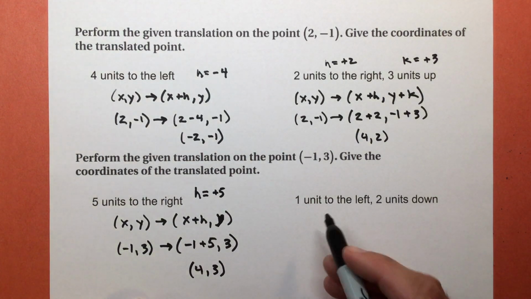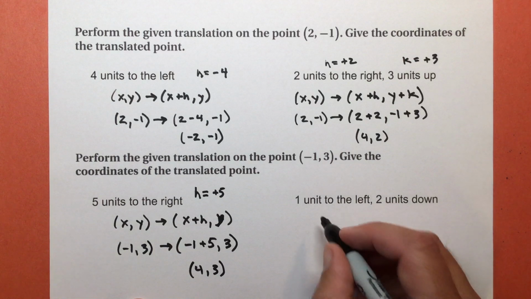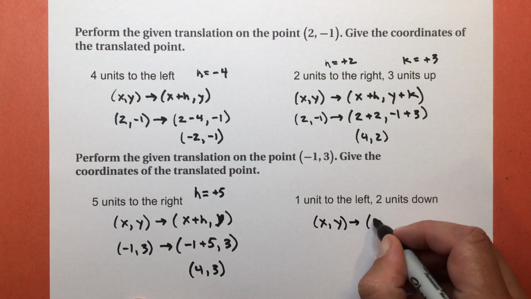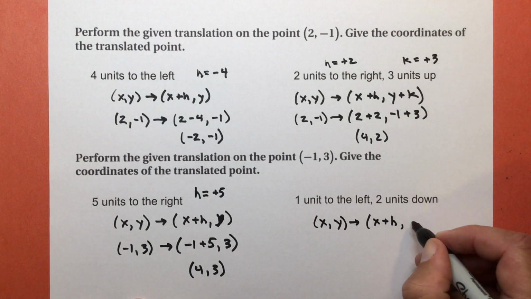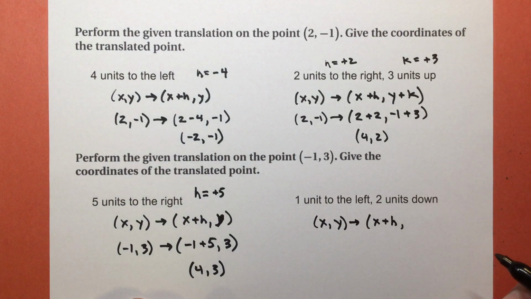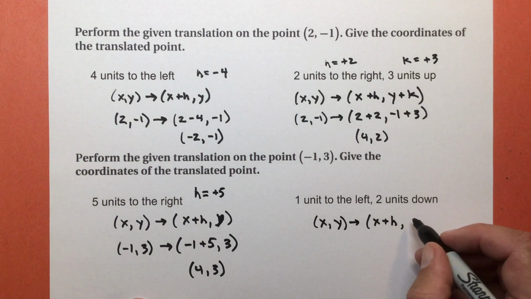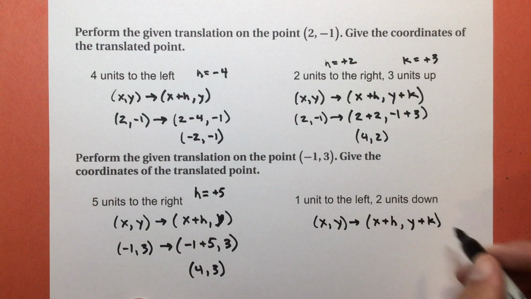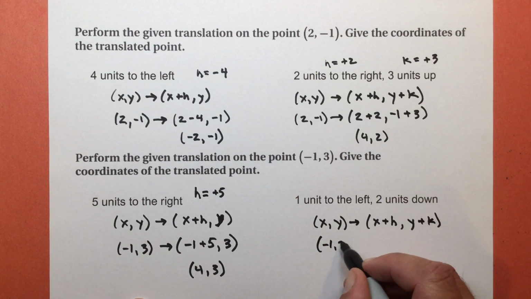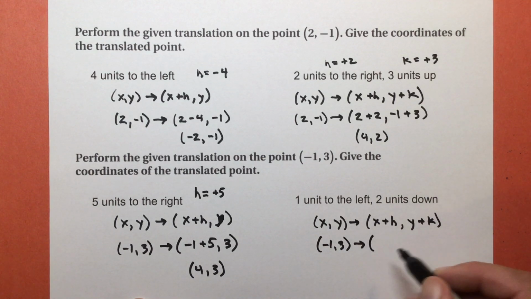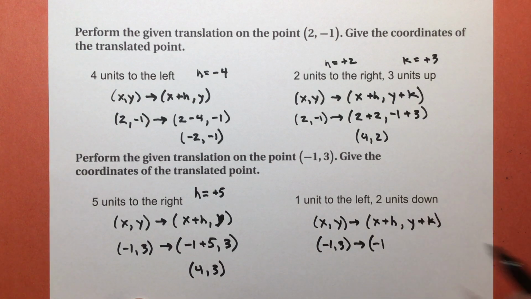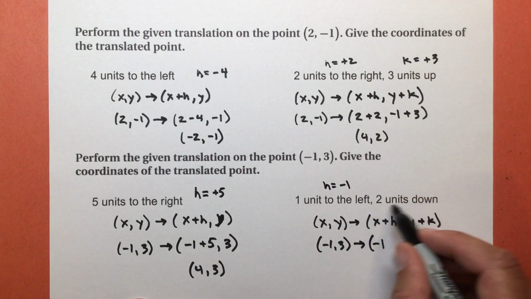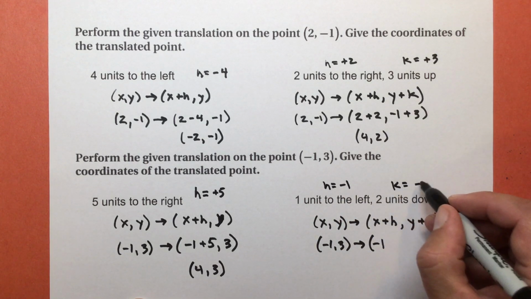Finally, for this one, we're going to go 1 unit to the left and 2 units down. So I'm going to do both: x plus h for the horizontal component, and no, I don't know if h stands for horizontal, because k certainly doesn't stand for vertical. y plus k, and my point (-1, 3) becomes... oh, I forgot to do this. 1 unit to the left means h equals -1. 2 units down tells me that k equals -2.